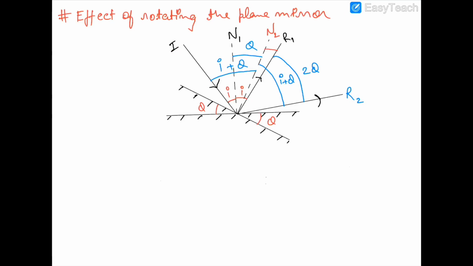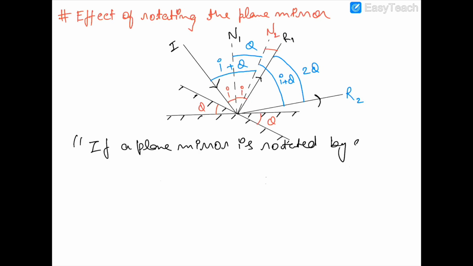So here is the conclusion. I am writing the conclusion that if a plane mirror is rotated by an angular velocity omega. Here I have derived the relation by angles and I am talking about angular velocity.